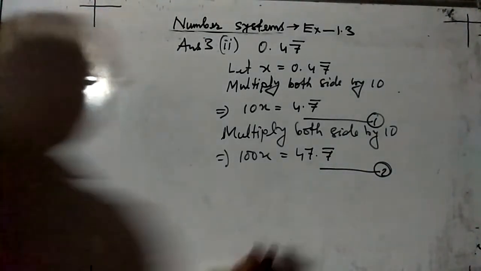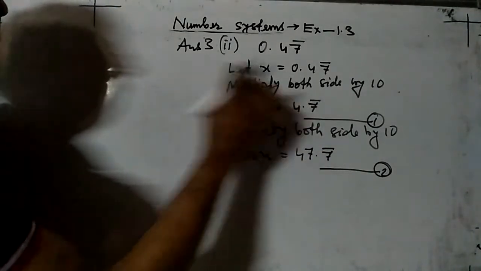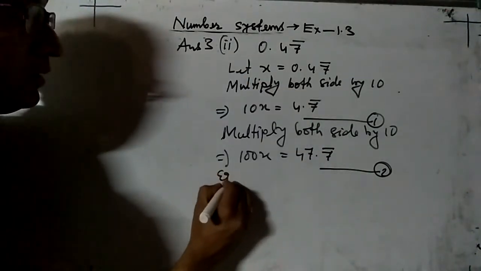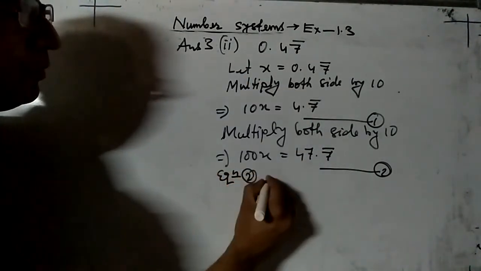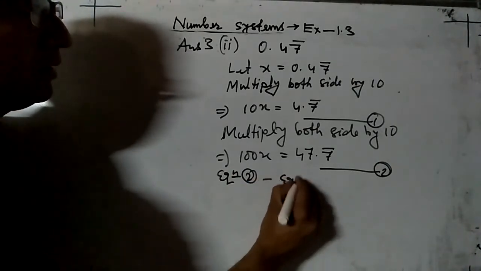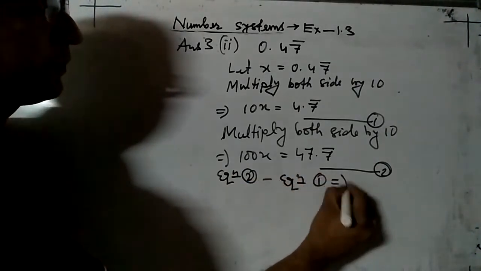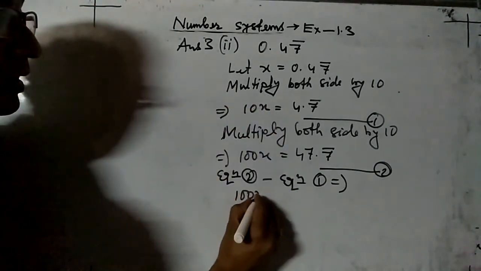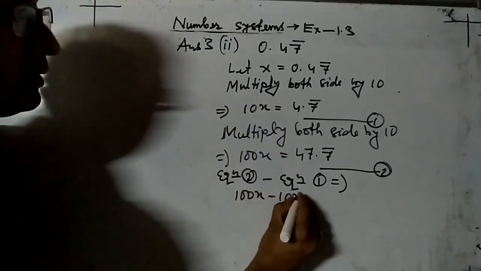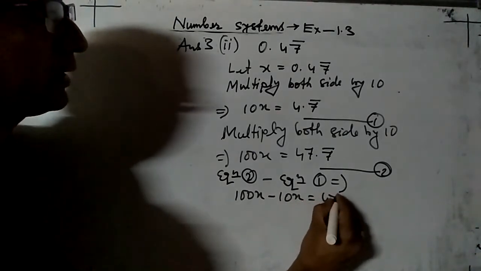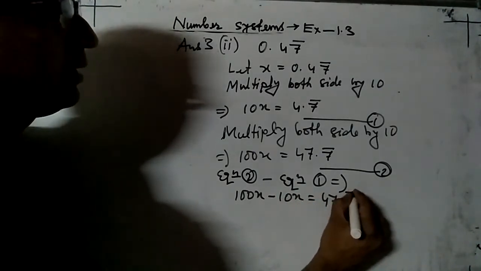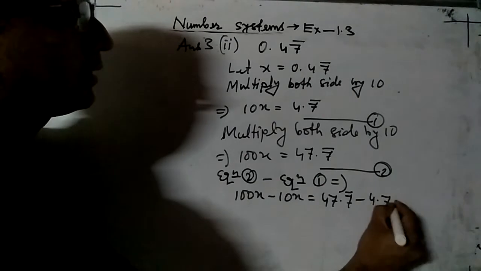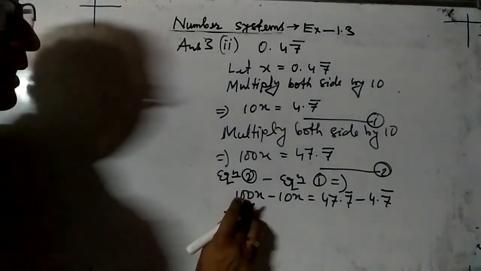Now from equation 2 subtract equation 1. So equation 2 minus equation 1 implies 100x minus 10x equals 47.7 bar minus 4.7 bar.